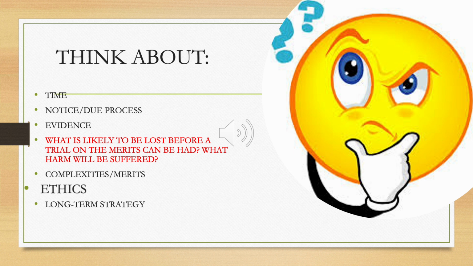In other words, what harm will be suffered between now and an eventual trial? I'd further like you to ask that if you are considering any provisional relief, what might be lost between now and the time of a hearing pertaining to that provisional relief?